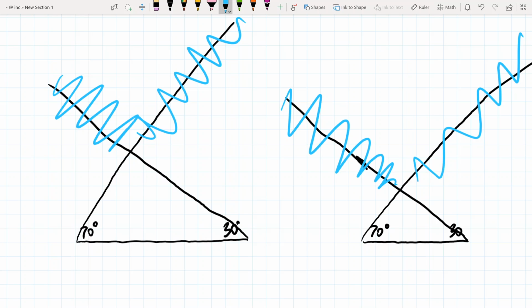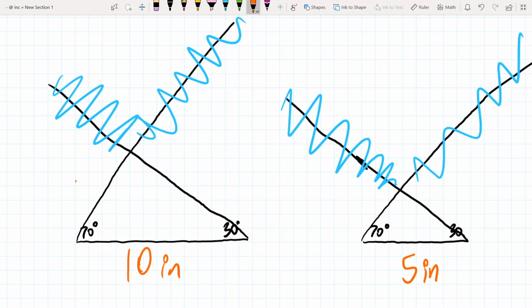So let's say you measured the bottom side and you got like 10. Let's say that was 10 inches long. And let's say you measured the bottom side over here and that was 5 inches long. Basically, what you just showed here is that the sides of the smaller triangle better be half of the sides of the big triangle in order to show that they are similar.